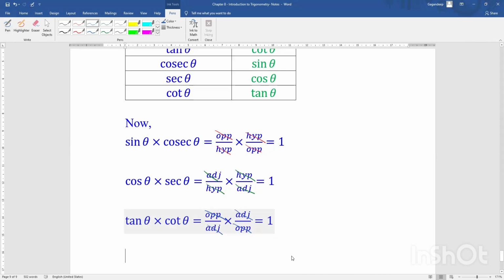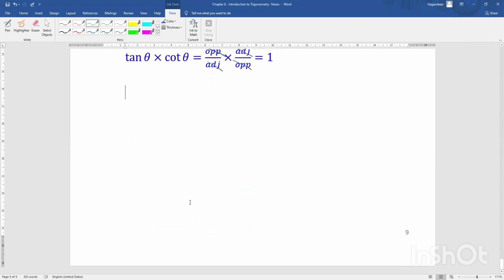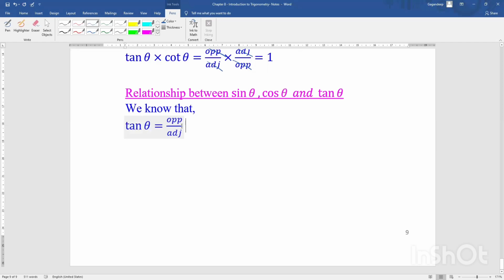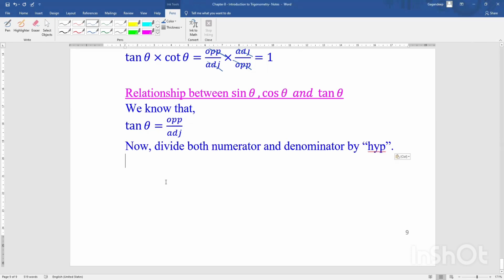Then we have another very important concept, that is relationship between sine theta, cos theta, and tan theta. Okay, so now we know that tan theta is what? Tan theta is opposite by adjacent, right children? So opposite by adjacent. Now what I do is I am going to divide both numerator and denominator by hypotenuse.